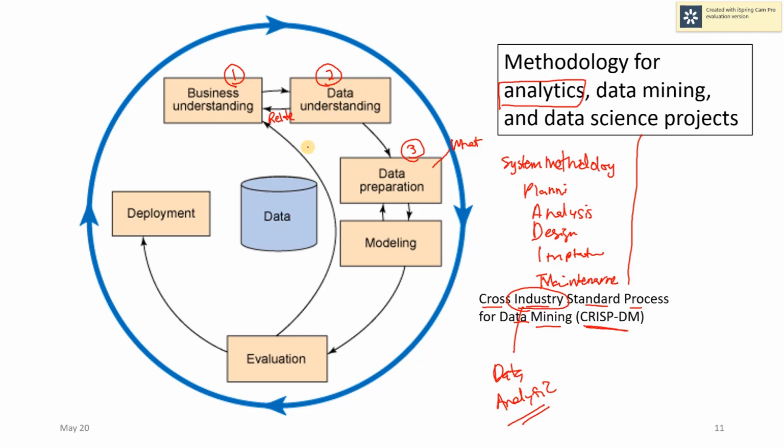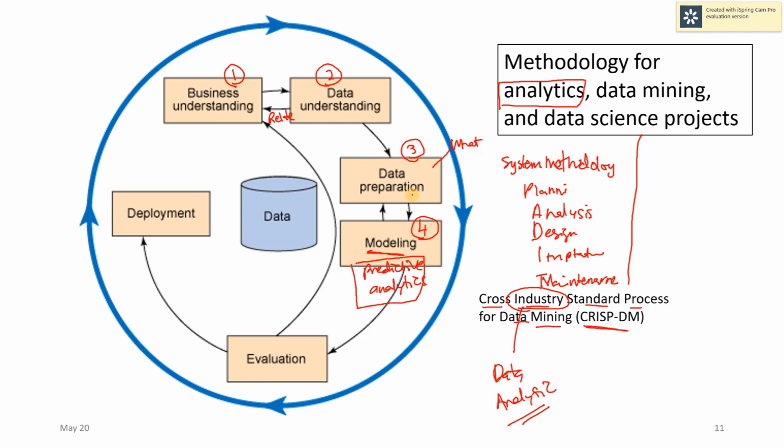Next you start to do the modeling, meaning that you apply predictive analytics here. There are a few methods of predictive analytics, which we will take a look at later on. In modeling, it will go back to your data preparation. For example, in your predictive model, say you want to predict something, if the model is not that good, you need to re-prepare your data.